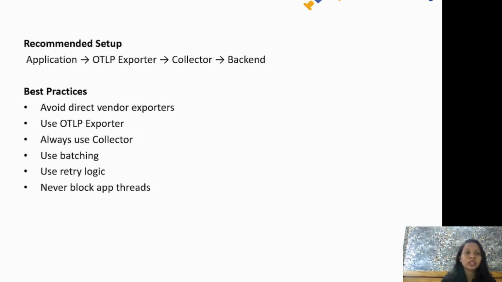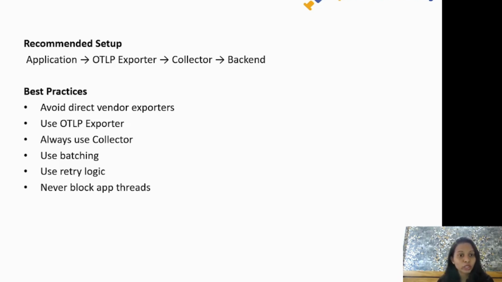Then moving to the next part: what the best practices for exporters are. This is the recommended setup: first the application, then the OTLP exporter, collectors, and then the backend. Let's discuss industry best practices we should follow for exporters. Always use OTLP, which we saw from the types of exporters is the best recommended.